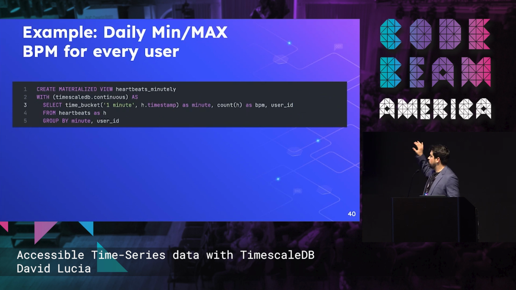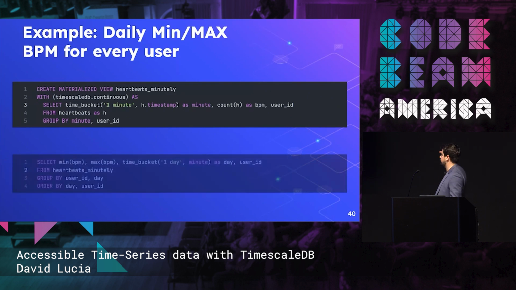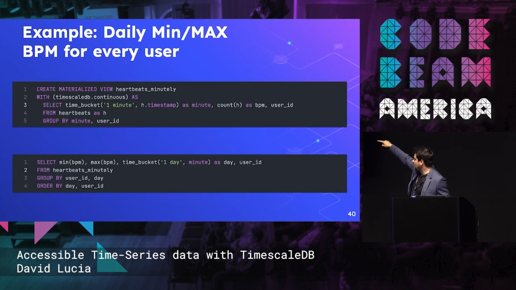Now, from this, we can query heartbeats minutely, this materialized view, directly. So now I'm going to calculate the min and the max, again, time bucketing by the day. And I'm going to group by the user in the day. And now I've got the minimum and maximum beats per minute for every user for each day.